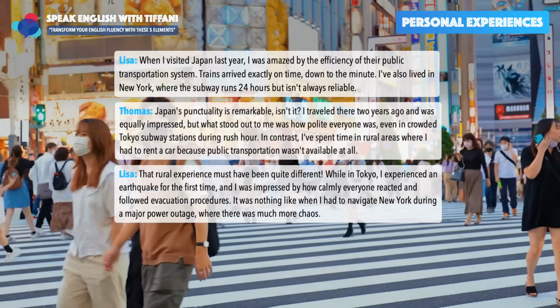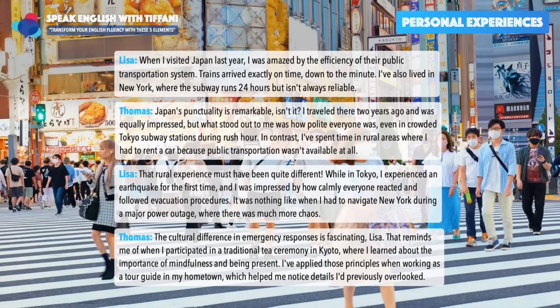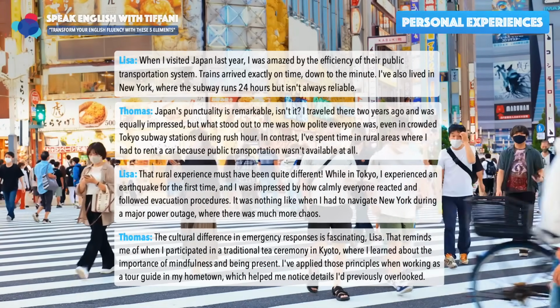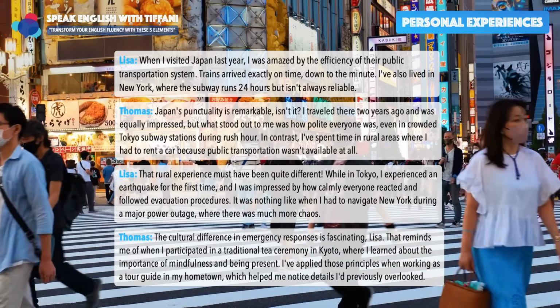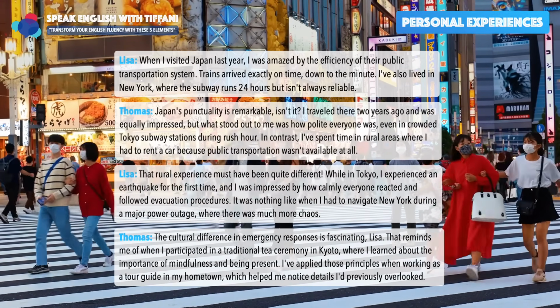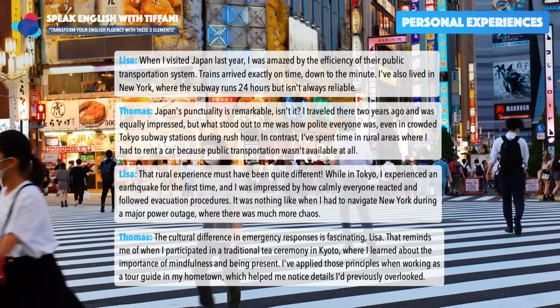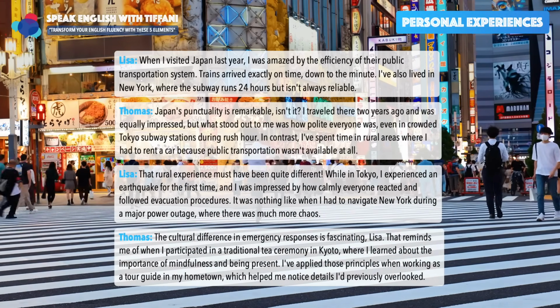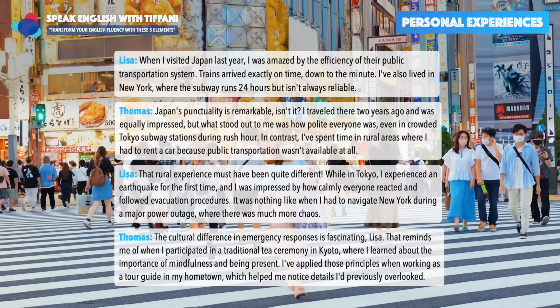And Thomas responds by saying, "The cultural difference in emergency responses is fascinating, Lisa. That reminds me of when I participated in a traditional tea ceremony in Kyoto, where I learned about the importance of mindfulness and being present. I've applied those principles when working as a tour guide in my hometown, which helped me notice details I'd previously overlooked."